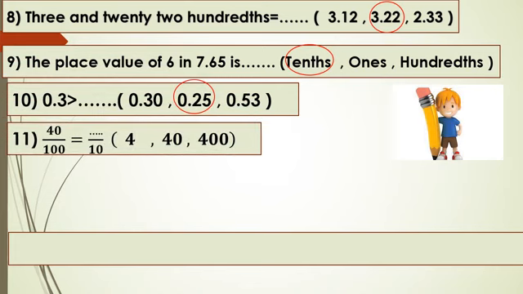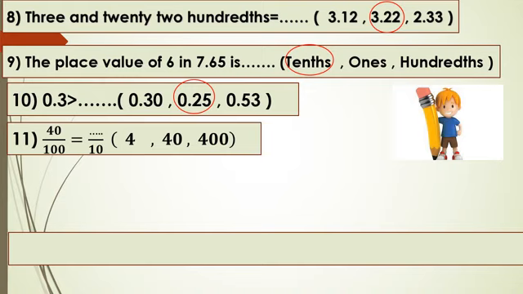Number 11. 40 over 100 equals what over 10? We change 100 to 10. So we can divide numerator and denominator by 10. We divide 40 over 100, numerator and denominator, by 10.